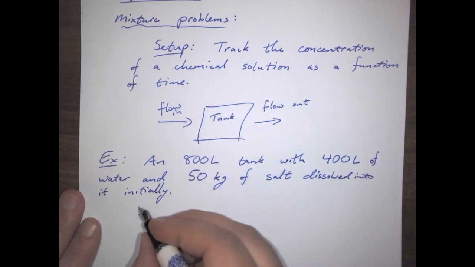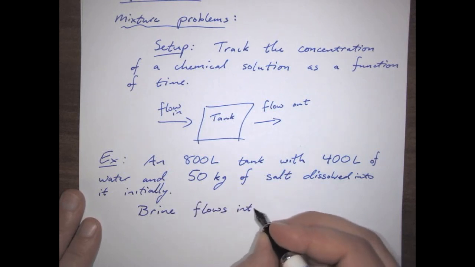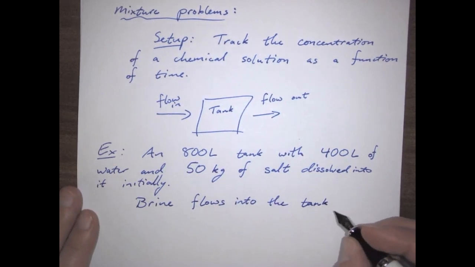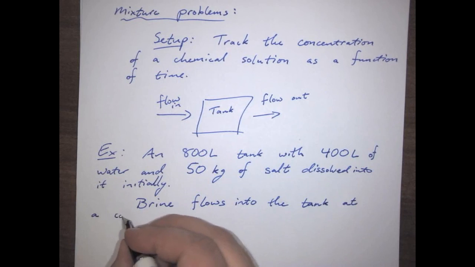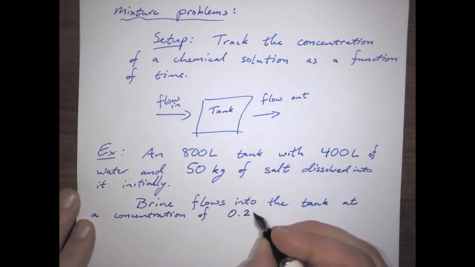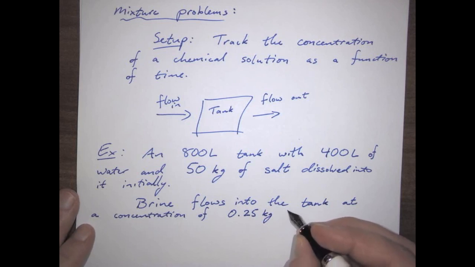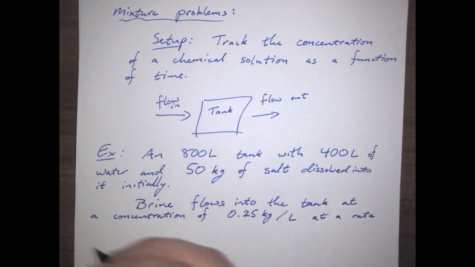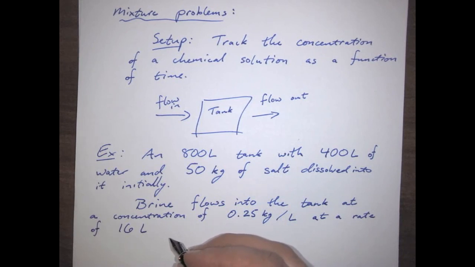And then what happens is we have brine flows into the tank at a concentration of 0.25 kilograms of salt per liter of water at a rate of 16 liters per minute.